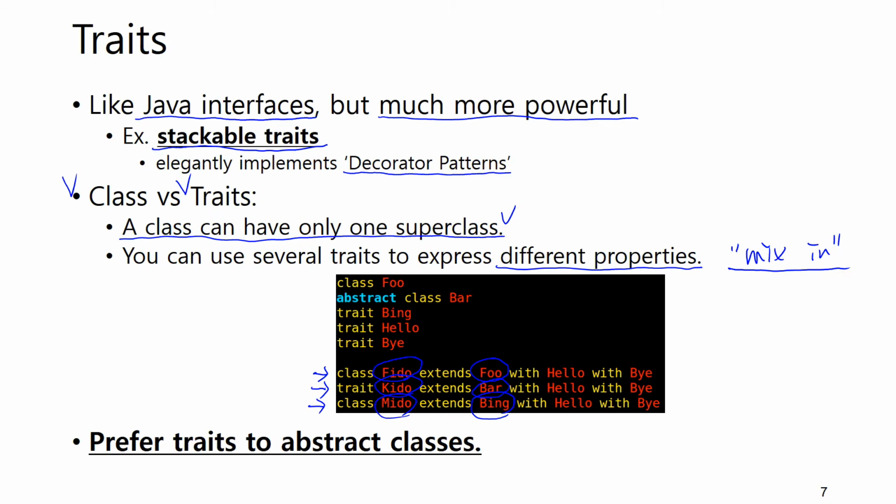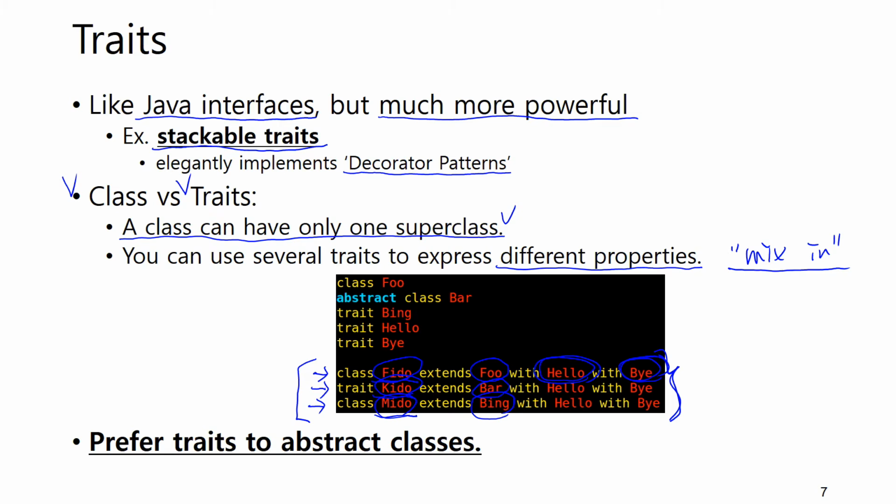In all these cases, we mix in two existing traits, hello and bye. As a result, in all these three cases, class Fido, trait Kido, and class Middle inherit the properties expressed by the existing traits hello and bye. So it's very flexible.